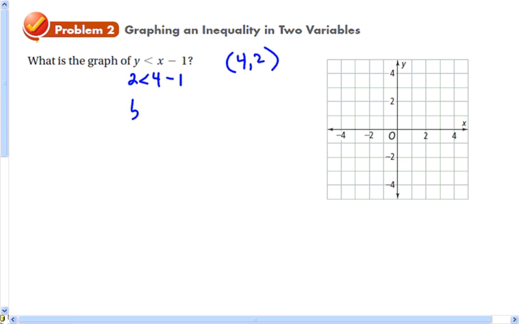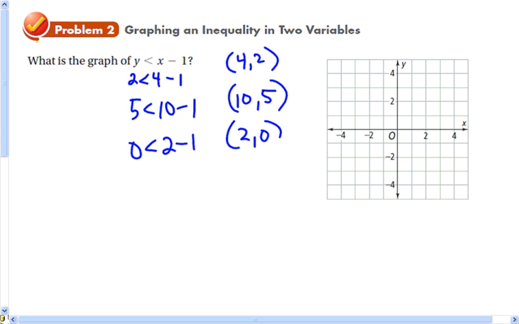Another example, 5 would be less than 10 minus 1, so the point 10, 5 is a solution. Another example, let's say y is 0. Then 0 is less than 2 minus 1 because 0 is less than 1, so the point 2, 0 is a solution.